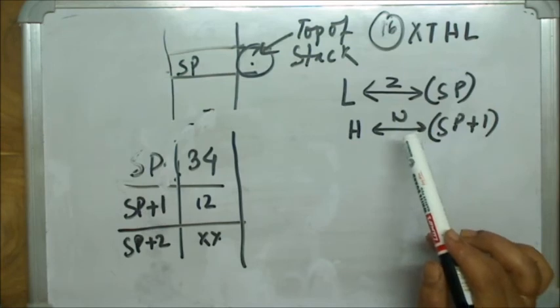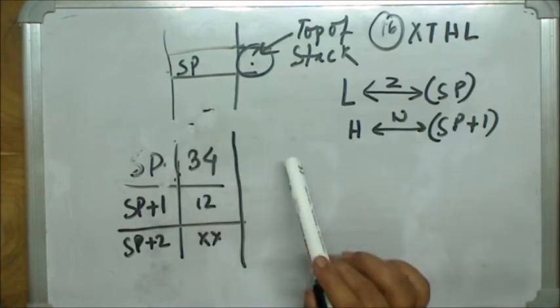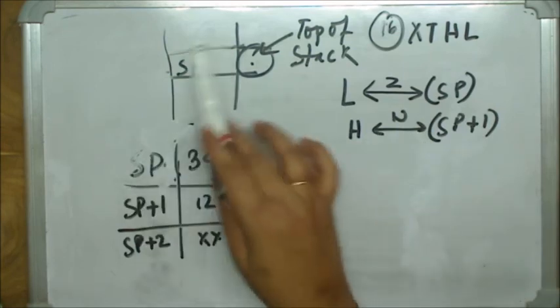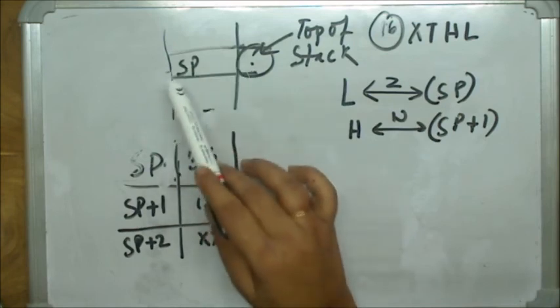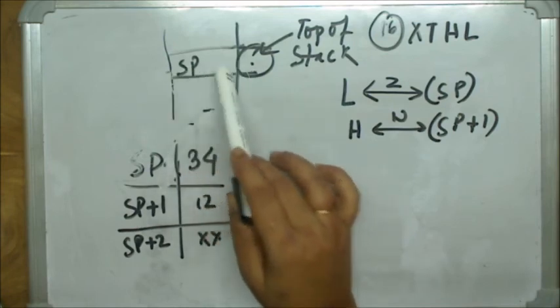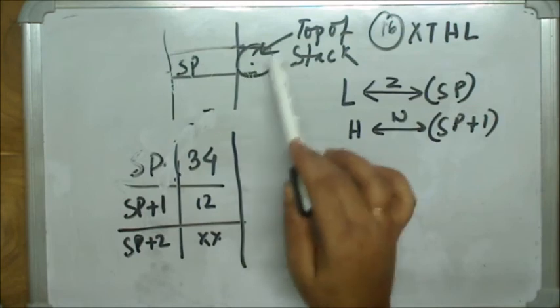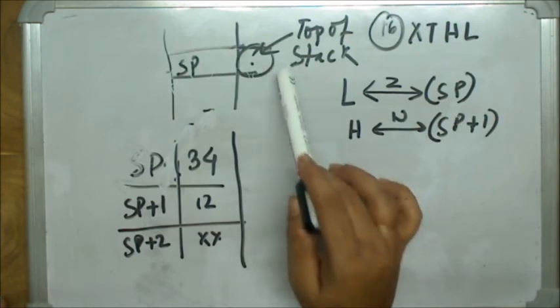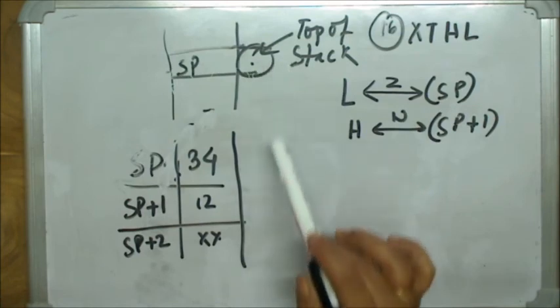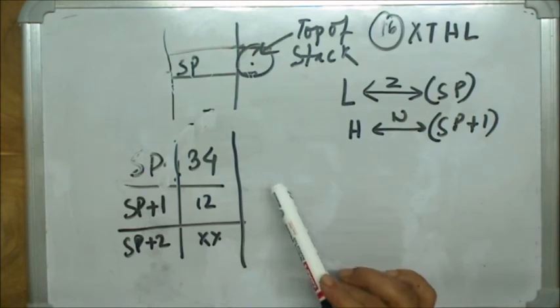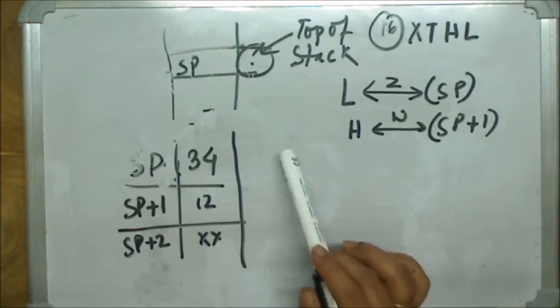Now you know the stack is somewhere in the memory, right? Suppose this is your memory location, and this address is given by SP, the stack pointer, and this element is called the top of stack. SP is giving the address of the top of stack.